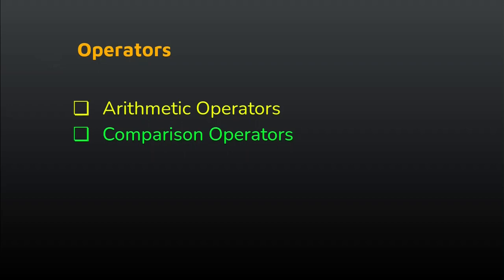If you compare 1 and 2 and you say 1 is greater than 2, obviously it's not true, so that's false. But if you say 2 is greater than 1, then that's true. So that's what's going to be happening. And after that, we'll apply these comparison operators inside an if statement, right? It's a condition. We'll get to that.